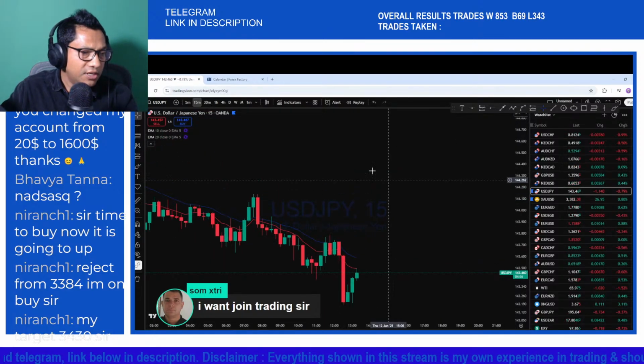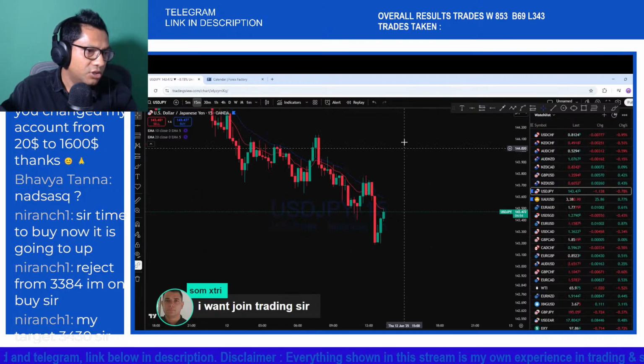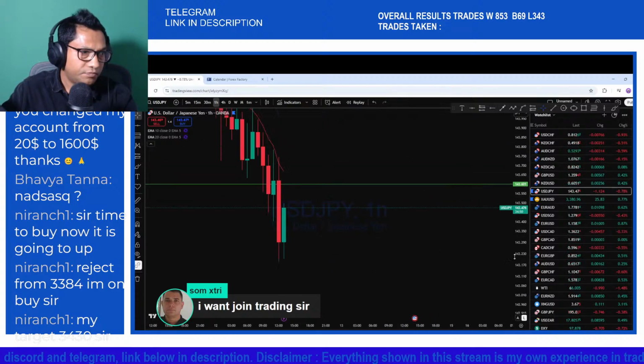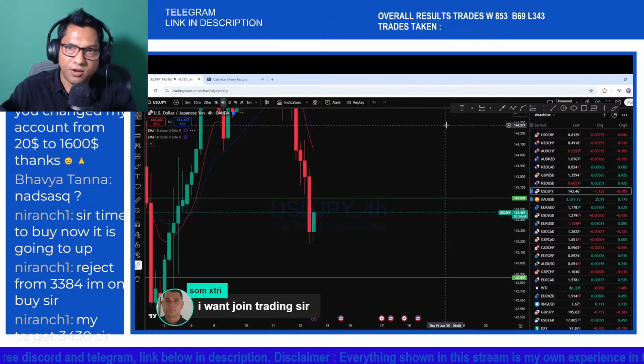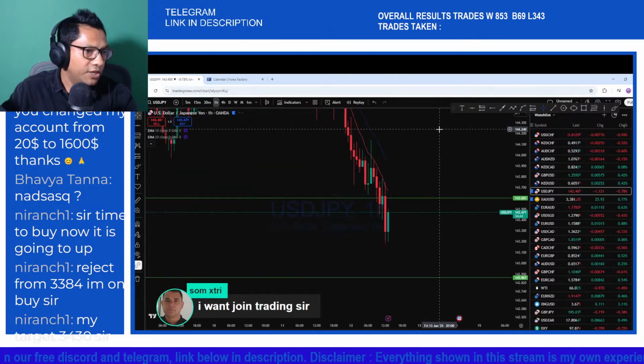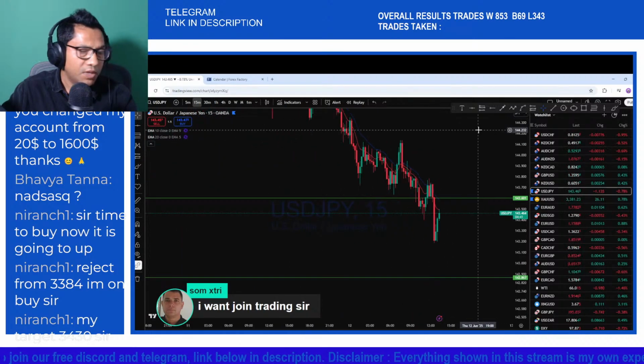Looking at dollar yen here, we can see that it's still showing that pullback in this area, keeping both of these instruments on our watch list and then to be entering into the trade.